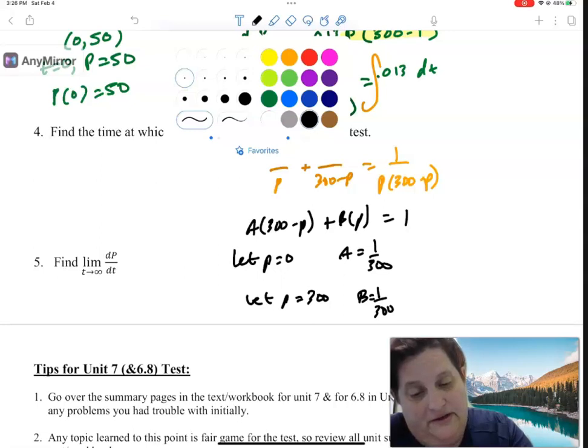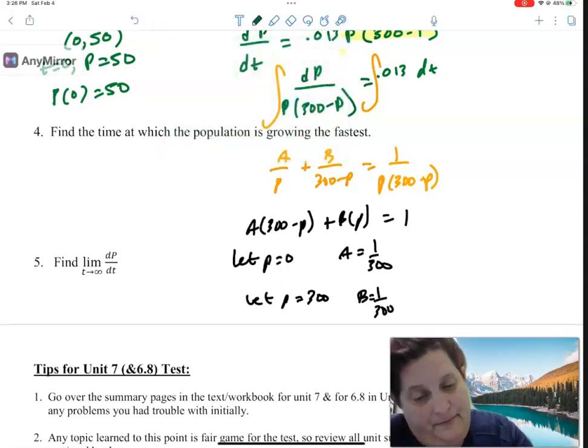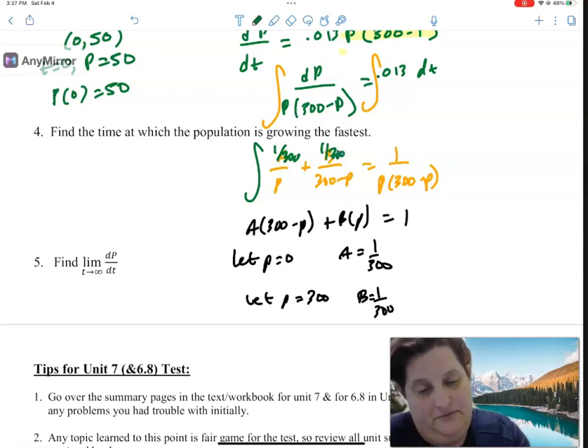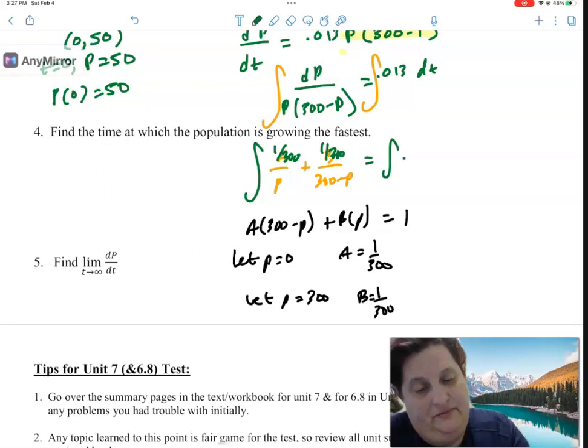So it basically goes back to the integral of 1 over 300 over P, and then 1 over 300 of 300 minus P, and that is going to be the integral of 0.013 dt.